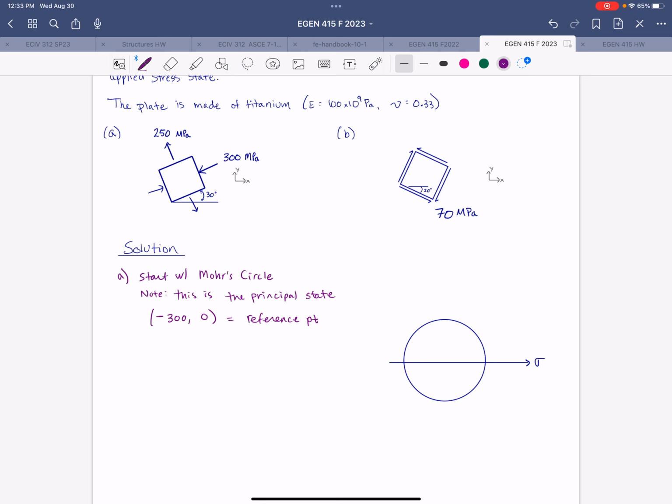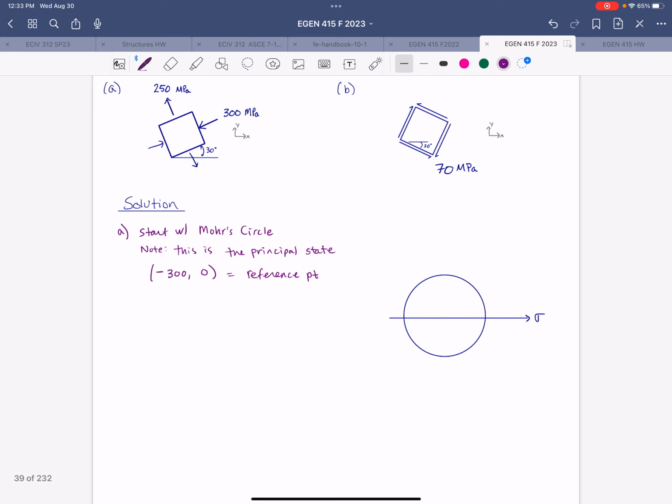All right. And then the center is always going to be the average of the two normal stresses. So in this case, negative 300 and positive 250. So that locates the center at negative 25.